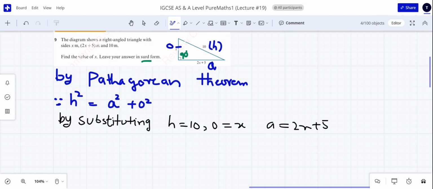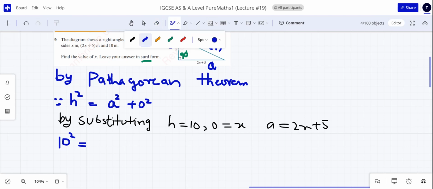Instead of small letters, you can use capital letters also. So now it would be 10 squared equals x squared plus adjacent. You can write adjacent first, or you can write the opposite first. It doesn't affect the method or the solution.